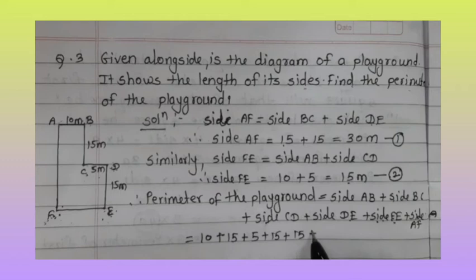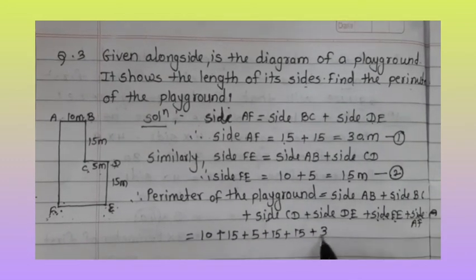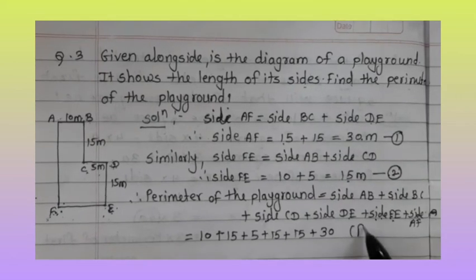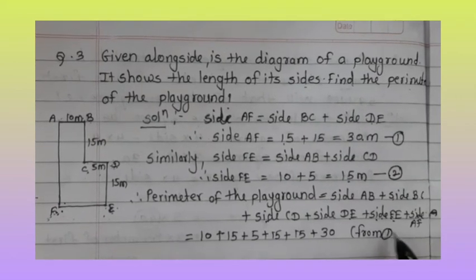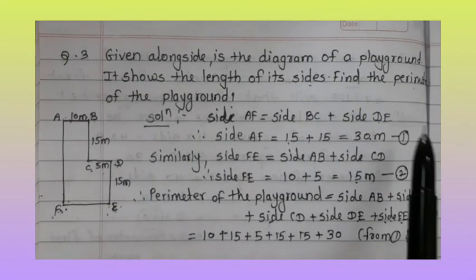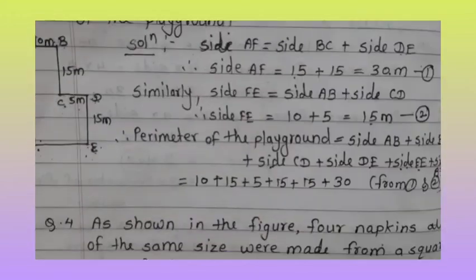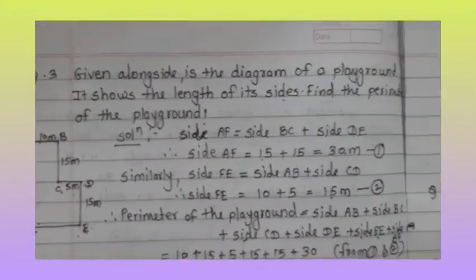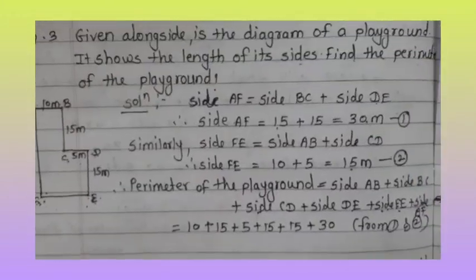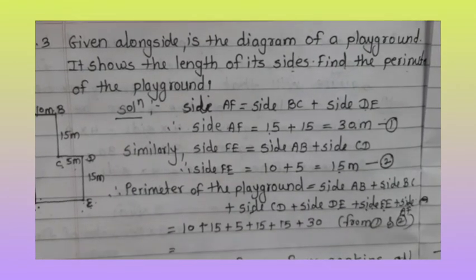Okay, plus side AF, what is the length of AF? 30 meter. Understood? So here I will write down from 1 and 2. From the given and 1 and 2, we are substituting the values of respective sides.